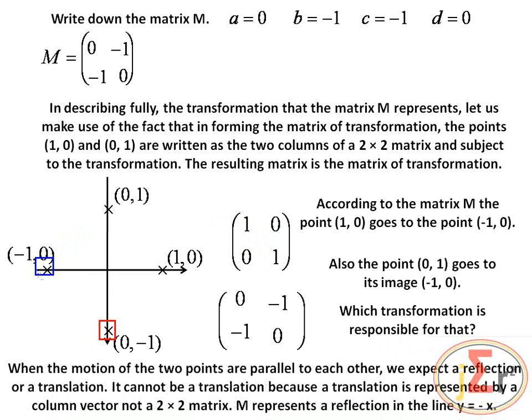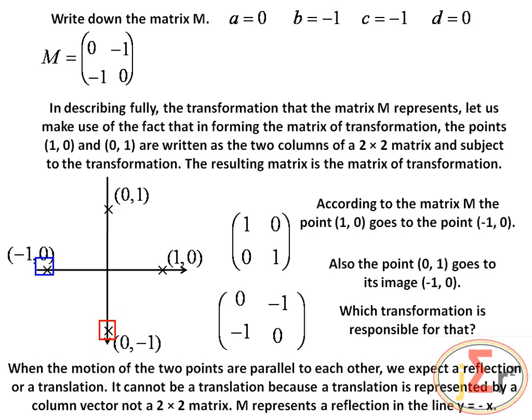When the motions of the two points are parallel to each other, we expect a reflection. In a reflection, the lines joining points to their images are parallel to each other, and the same is true for translation.